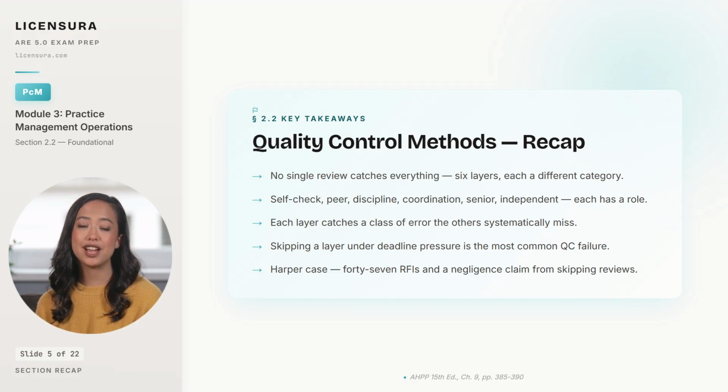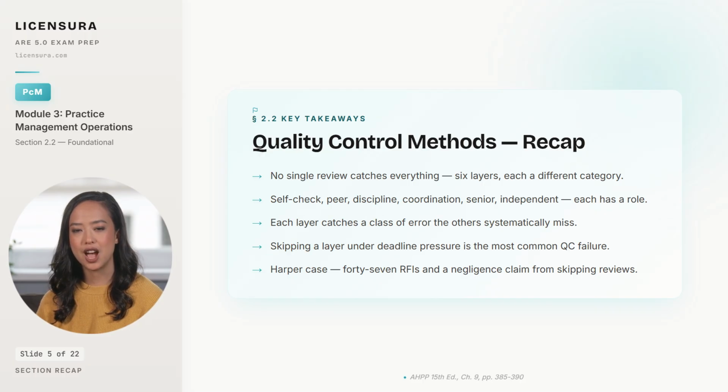Third, each layer catches a distinct class of issue. Self-check catches typos, peer review catches logic errors, discipline review catches code violations, coordination review catches cross-system conflicts, and senior review catches big picture problems. Independent review provides the objective outside assessment that no insider can give.